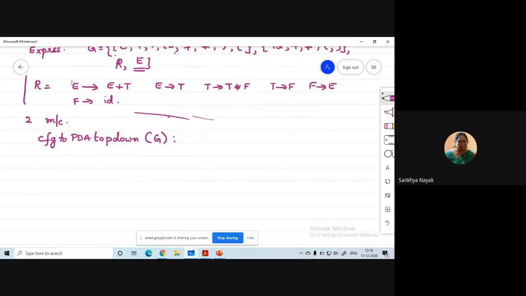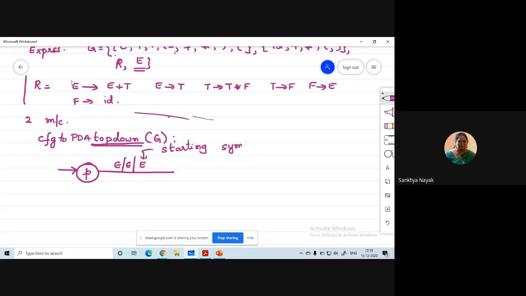A simple procedure to build this: the first step is that we always start from a particular state, let us say P. I'm doing top-down, remember. From this state, we'll just push the starting symbol. In this case, E is the starting symbol, correct?